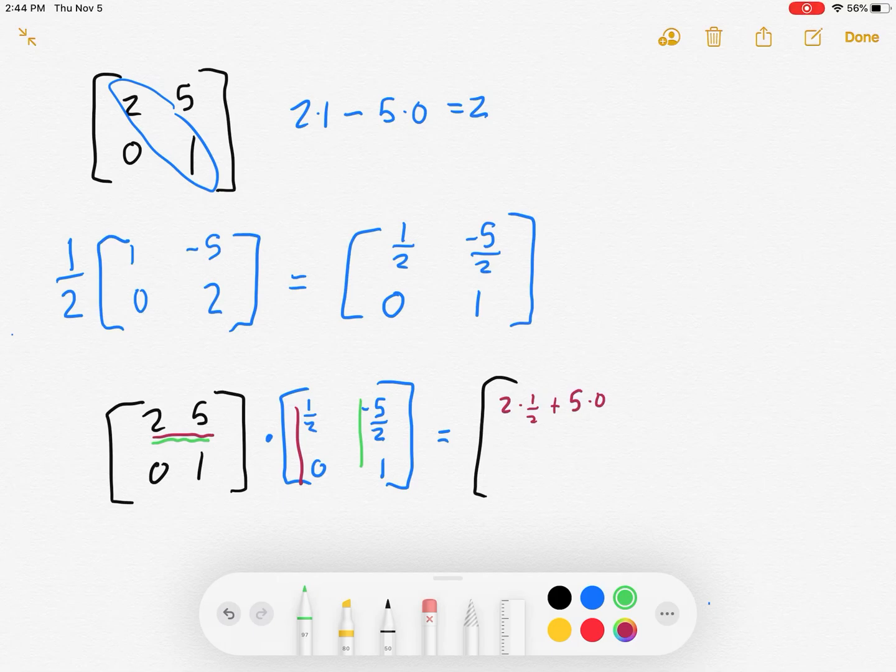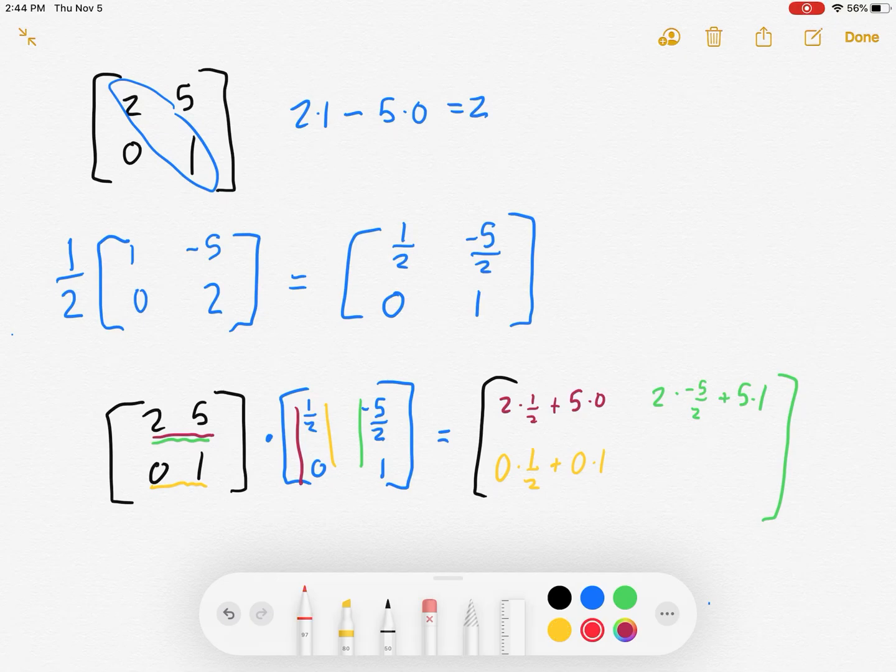So that'll be 2 times negative 5 over 2 plus 5 times 1. Our next point, next row, next column. So we have 0 times 1/2 plus 0 times 1.